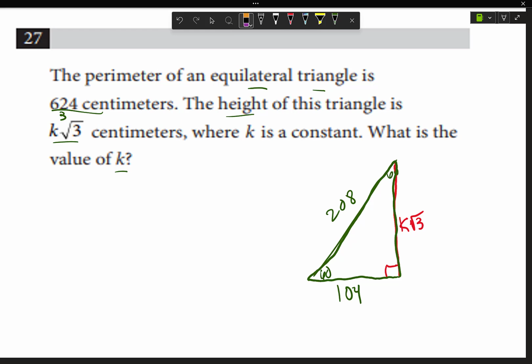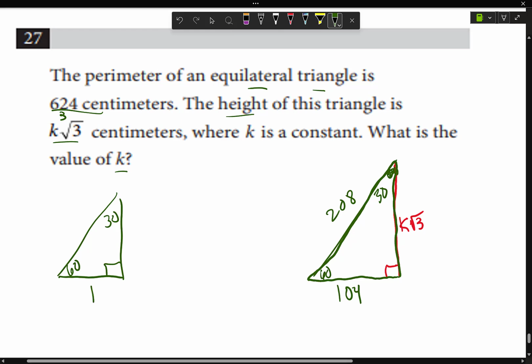So here you should recognize you could do Pythagorean theorem to find that third side. An easier way, though, is to recognize this is a 30, 60, 90 degree triangle. And if you remember your 30, 60, 90 degree triangle rules, this is going to be really fast. 30, 60, 90 degree triangle sides follow a pattern, meaning the side opposite the 30-degree angle is a unit of 1.